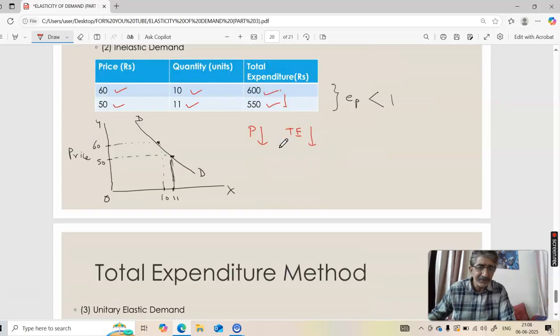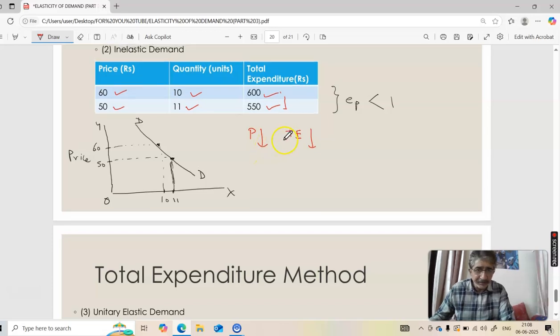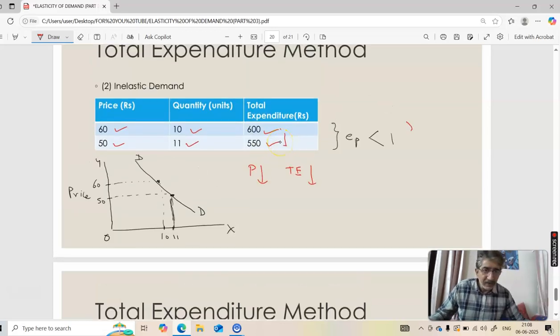So it's easy. In this case, obviously, because it is inelastic demand, EP will be lesser than 1. And I told you earlier, in case of inelastic demand, you have to draw a steep demand curve. When you make a steep demand curve, automatically you'll get the distance in the new price and the old price, and the gap I'm talking about on the x-axis, quantity.